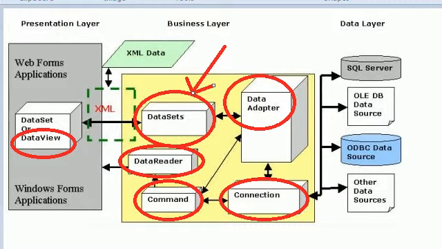There is also other stuff included in the dataset, which is constraints like foreign keys and primary keys for the data tables. And the dataset also works with other data storage models like flat, relational, and hierarchical.